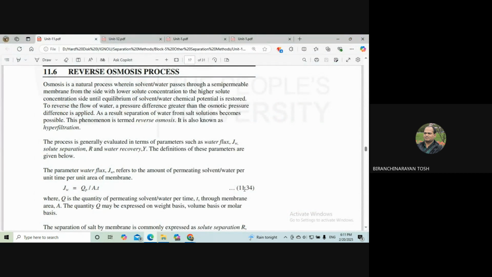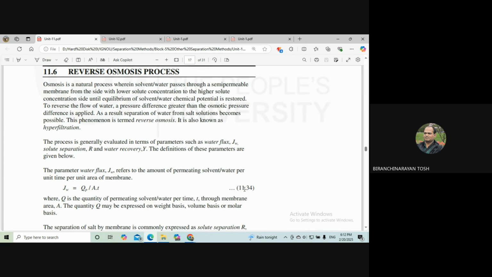Okay, we'll start. So, reverse osmosis. Osmosis is a natural process wherein solvent or water passes through the semi-permeable membrane from the side with lower solute concentration to the higher solute concentration until the equilibrium is established.